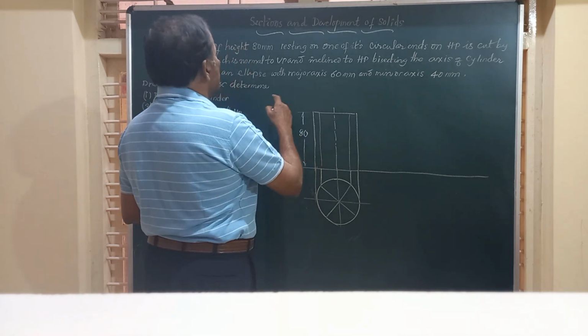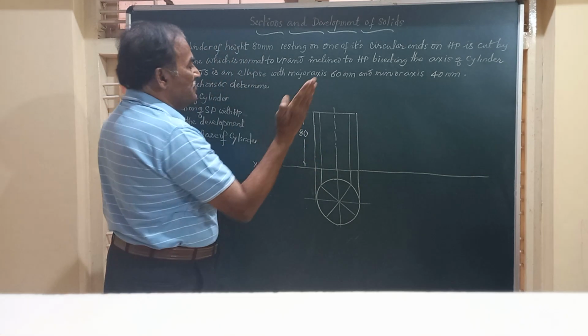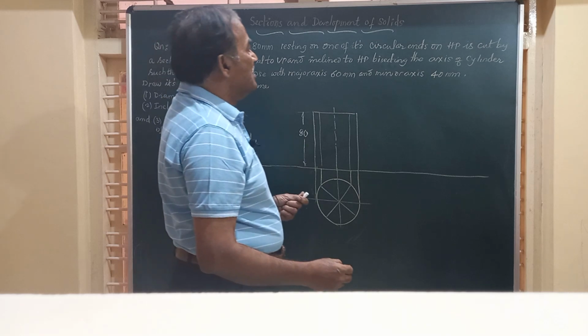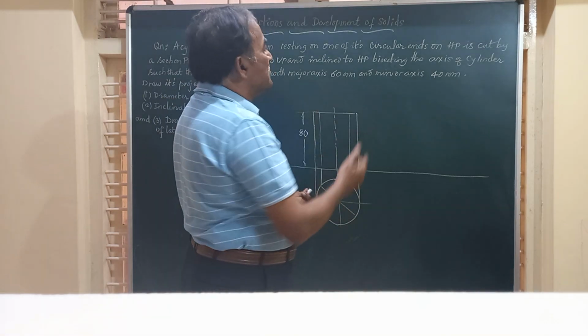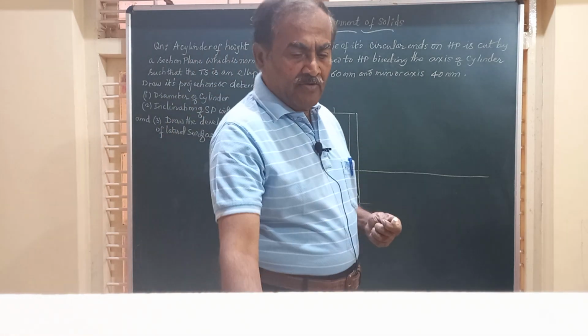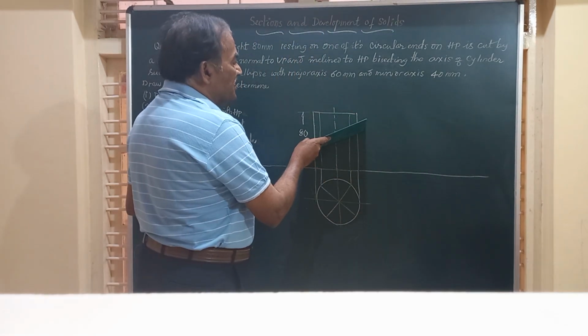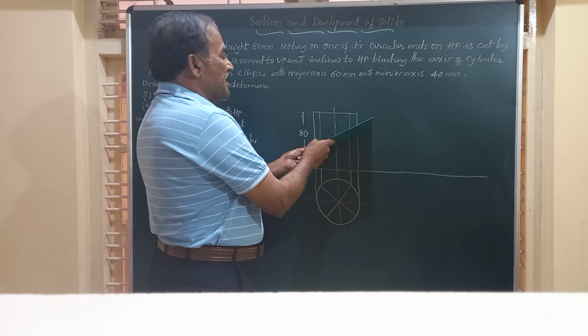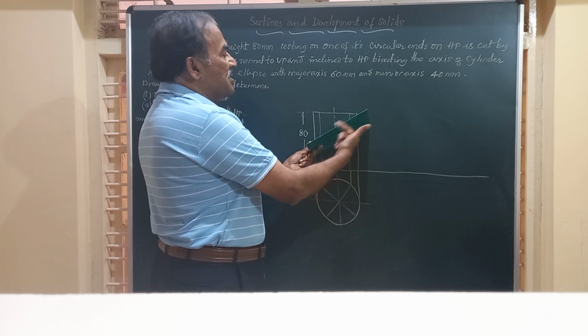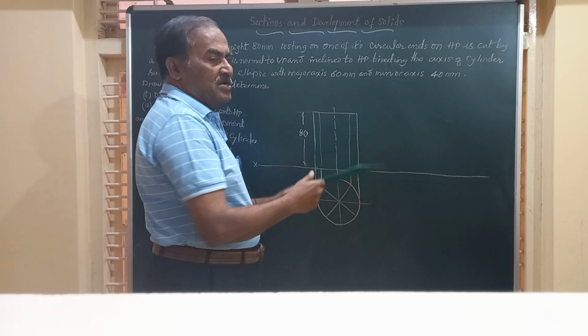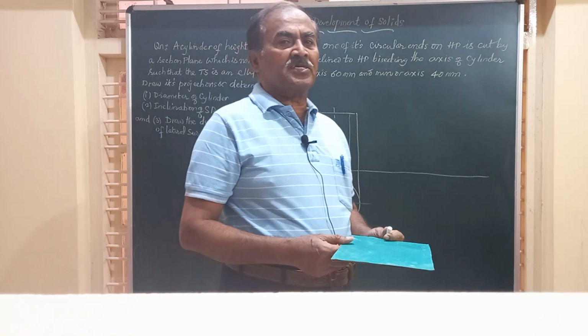And he says it is cut by a section plane which is normal to VP, now inclined to HP. Friends, whenever a section plane is normal to VP, it is seen as a line in the front view. We have already worked out a lot of problems on such questions.